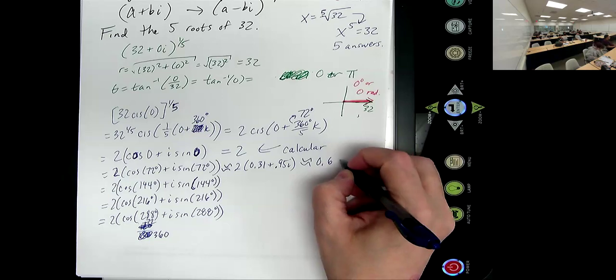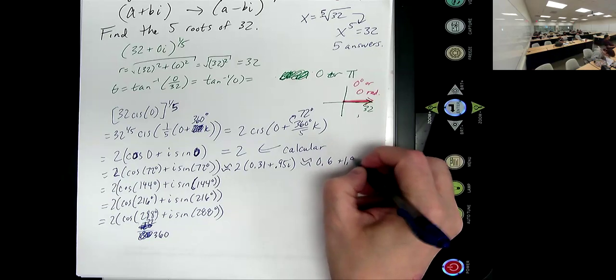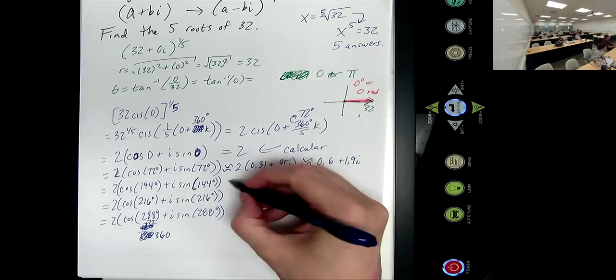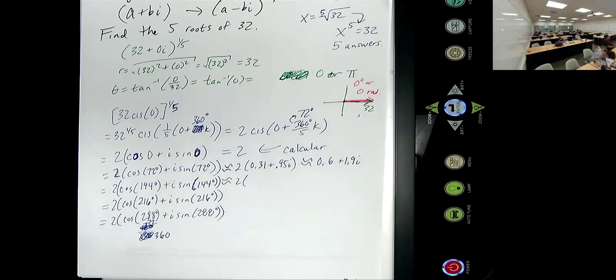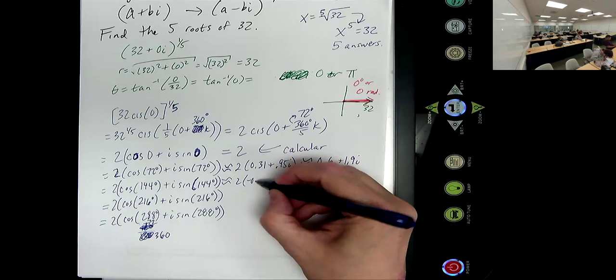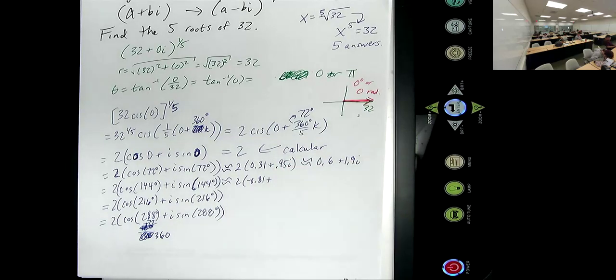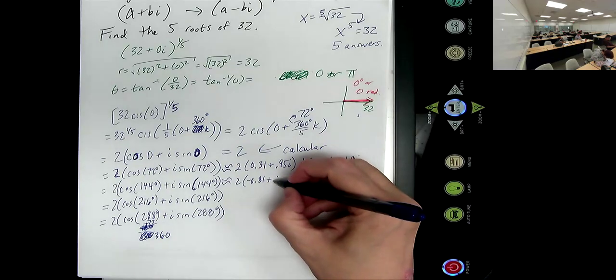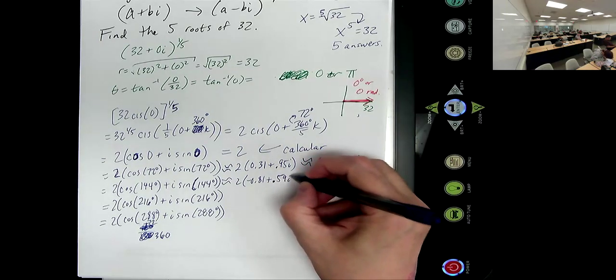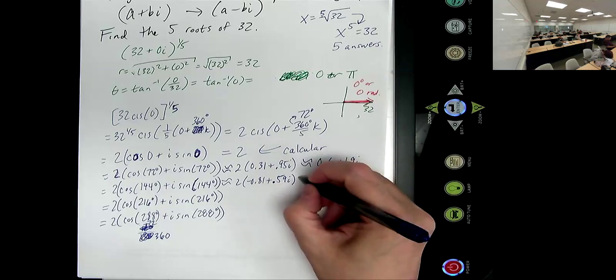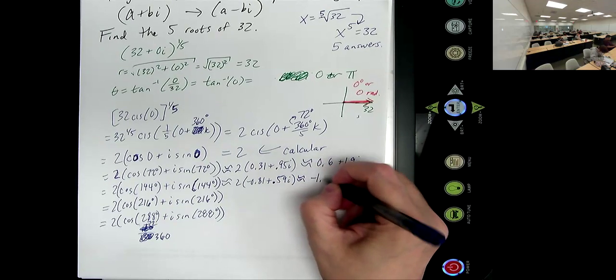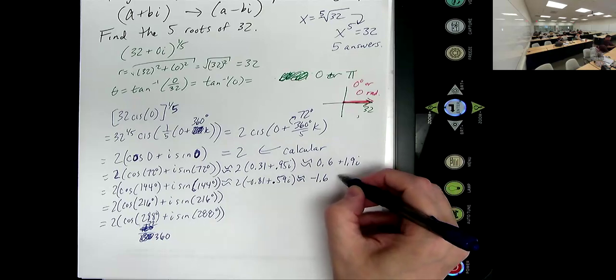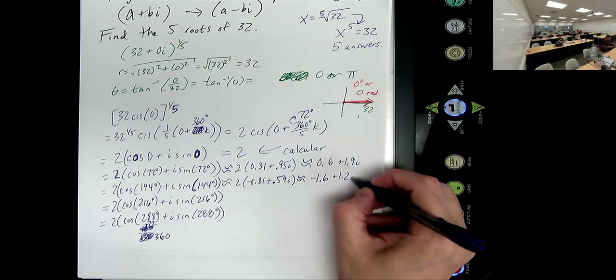Double is 1.9. Approximately negative 1.6 plus 1.2i.